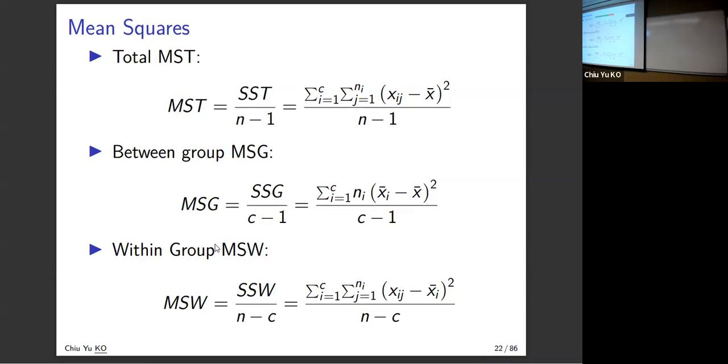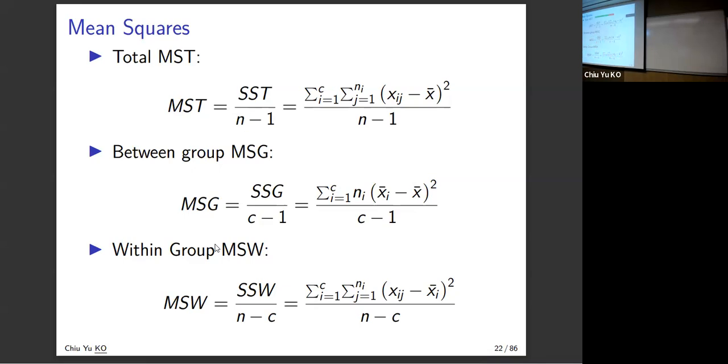The idea is that you actually estimate C group means, so you have to subtract C. If you estimate only 1, you subtract 1. If you estimate C of them, you subtract C. That's why the textbook calls it degrees of freedom, because once you estimate one thing, you have to subtract 1. The reason is actually by math. I don't want to prove it, but that is what it is.